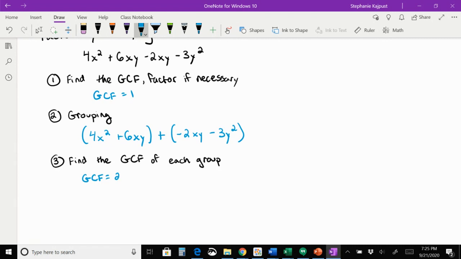So 2 goes into both. And then I have an x squared and an x. So with variables, you pick the smallest exponent, which would be an x. And then because I don't have a y in the first term, I can't factor out a y. So the GCF does not contain a y.